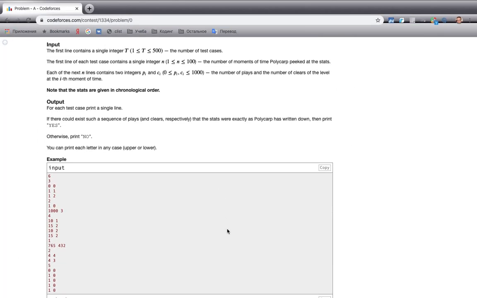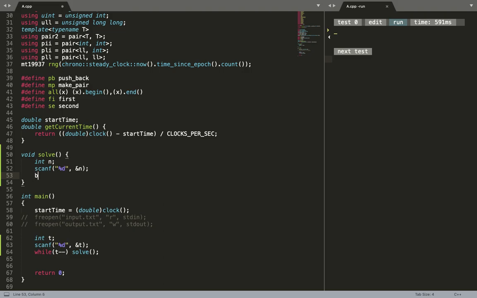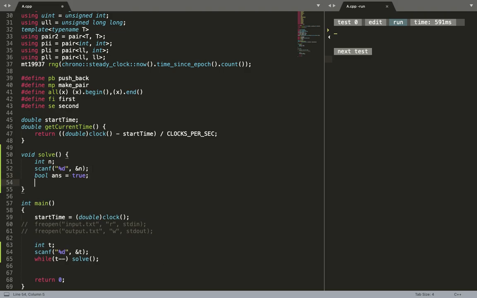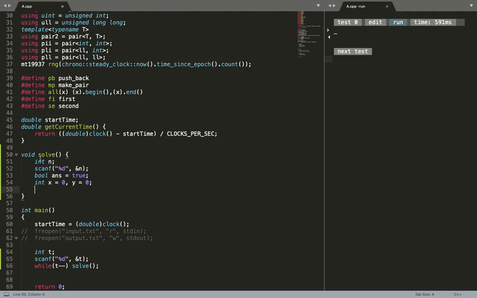So we will check everything online. We won't store the data, but we have to read everything.